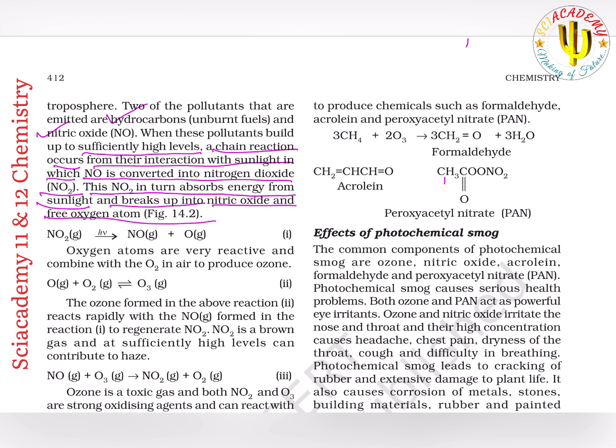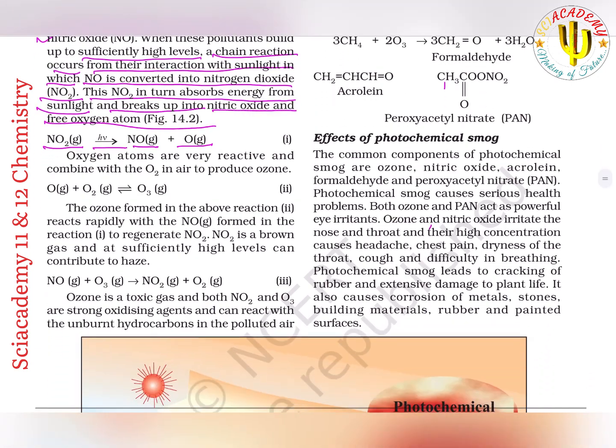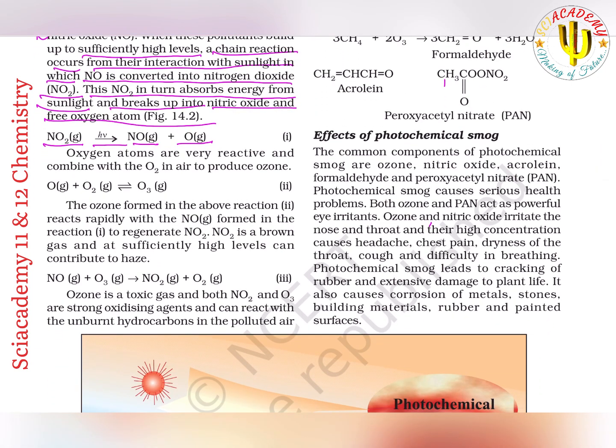Figure 14.2. NO2 gas, under sunlight energy h nu, forms NO, that is nitric oxide, plus gaseous oxygen atoms. Oxygen atoms are very reactive and combine with O2 in air to produce ozone.